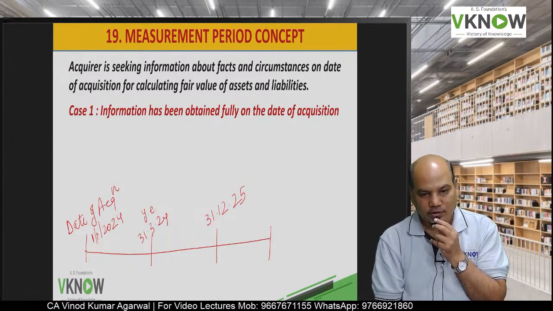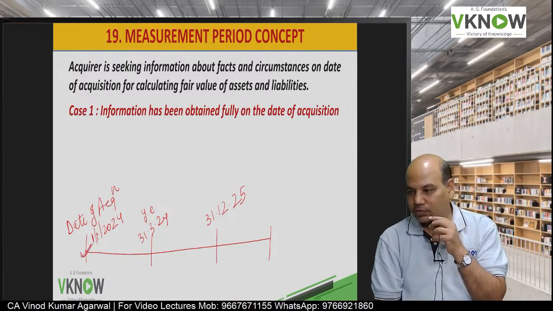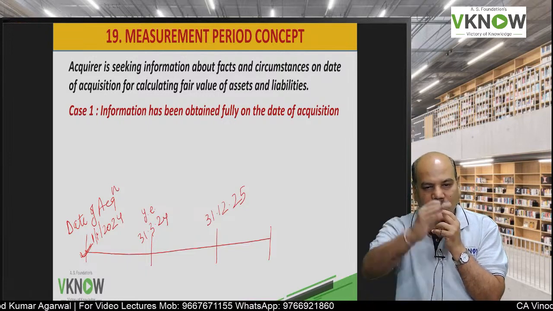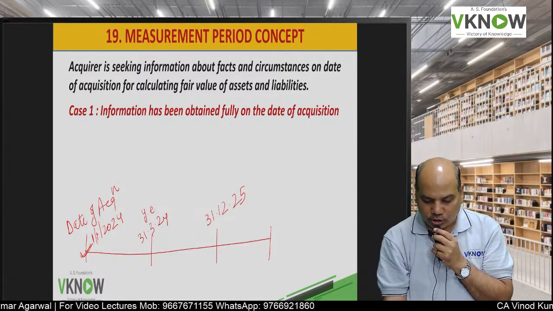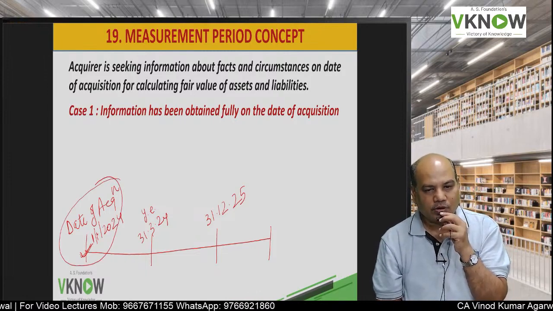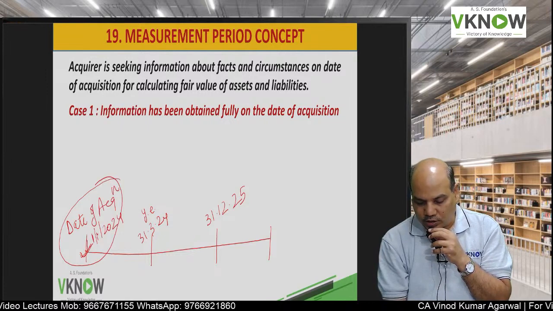Now the standard says you have to take fair value on the date of acquisition. Theoretically looks easy, practically difficult because companies are huge. So you may not be able to get the fair value of all assets and all liabilities on the date of acquisition. So you can do provisional accounting here.